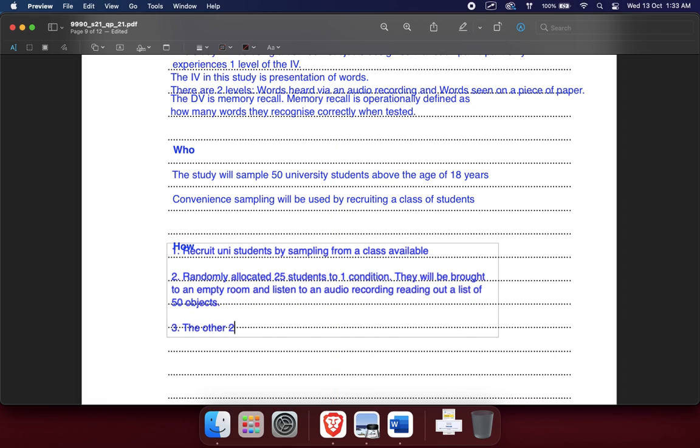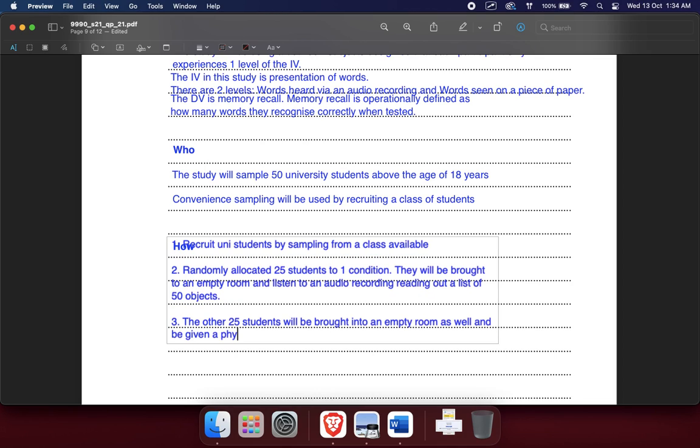The other 25 students will be brought into an empty room as well and be given a physical list of 50 objects.